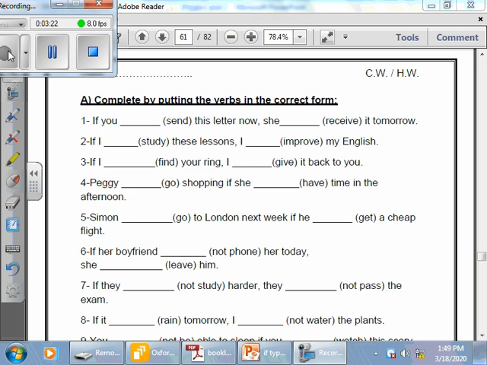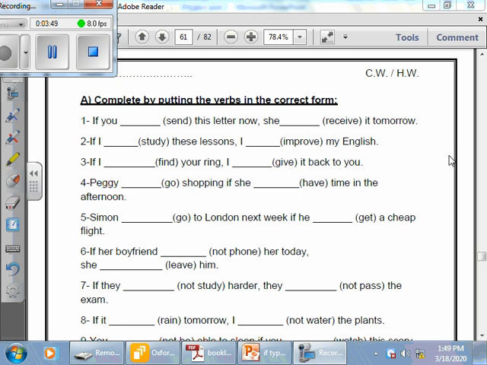So when I start with the if clause, I'm going to separate the two sentences using a comma. And in the main clause, there will be a modal verb plus the main verb. So if you send this letter now, she will receive it tomorrow.